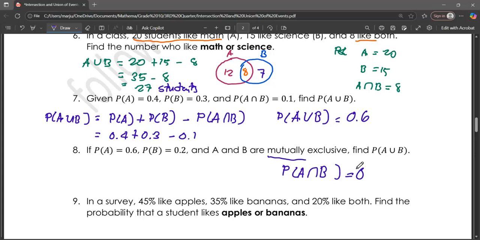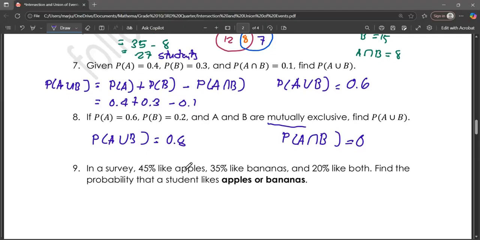So how are you going to do that? Simply, you're just going to add, right? The same thing. Do this one, but this is 0. So this is 0.6 plus 0.2. So meaning to say that is probability of A union B. This is just 0.08. Alright?